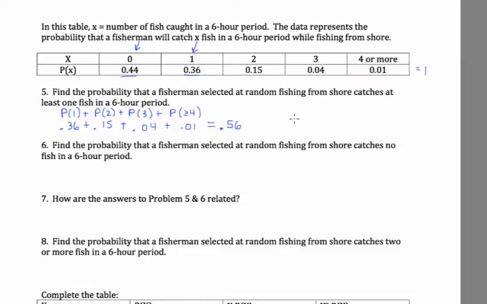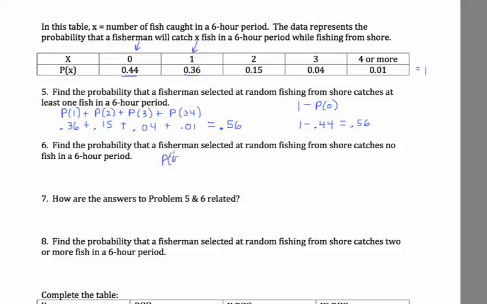Another way to do that is we know that at least 1 means that he didn't get 0. So we could use the complement rule and say 1 minus the probability that he catches 0. Either way, 0.56.